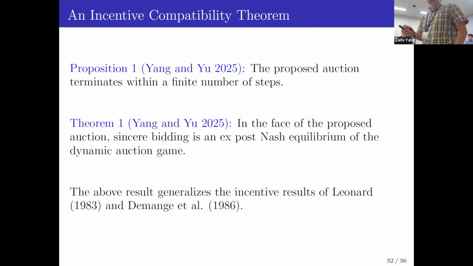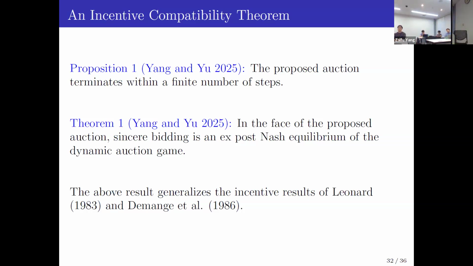First, the proposed auction terminates within a finite number of steps. Regardless of whatever bidders do, this auction will always end in a finite number of steps. That's very easy, because it requires that you need to change at least 1 bid.